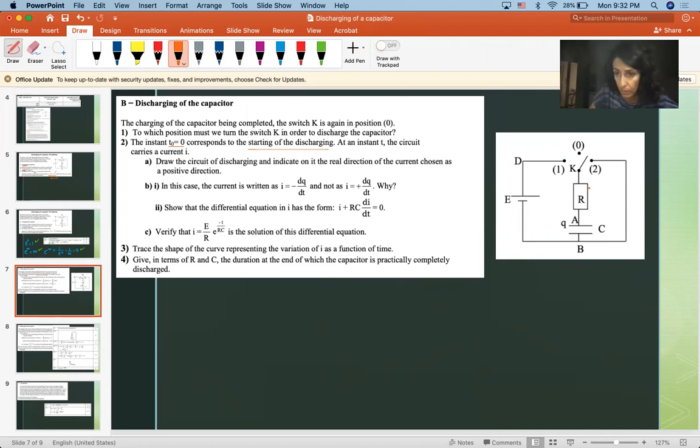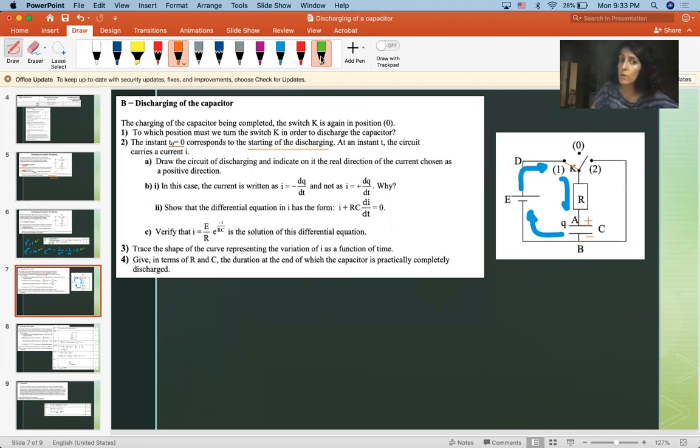Now, when the position was on 1, the current was in this direction. That was during the charging, which made my capacitor have a positive side and a negative side: positive on the positive of the battery and minus on the minus of the battery.